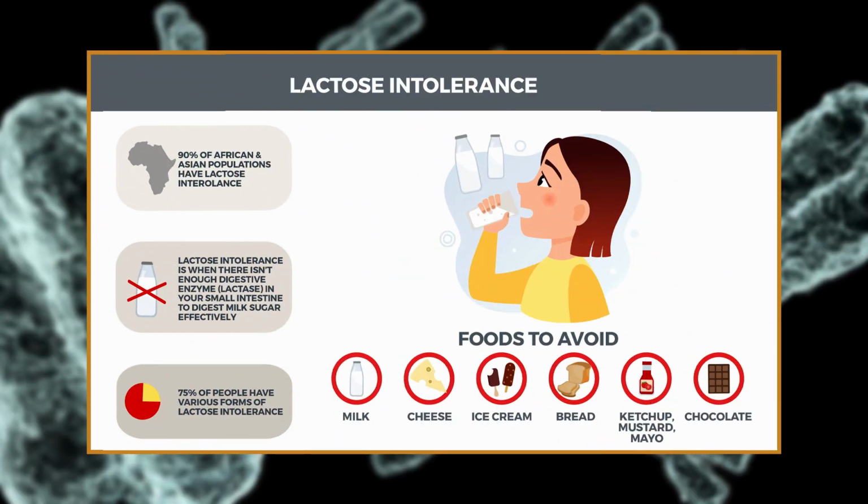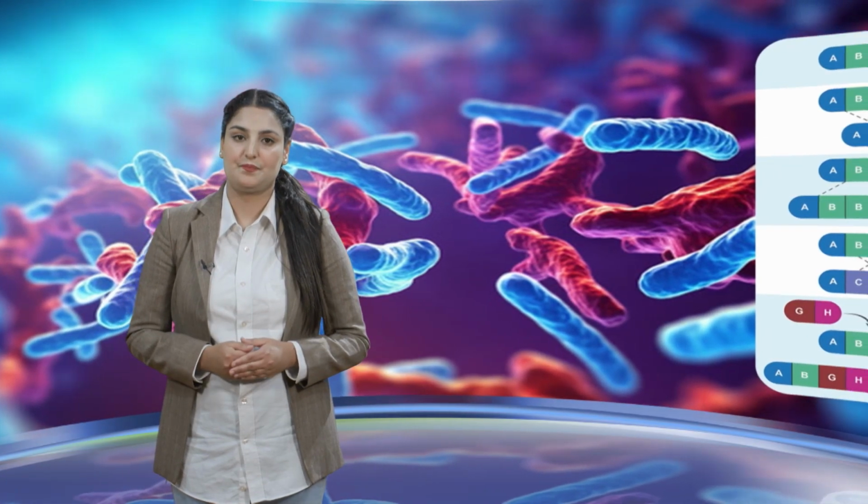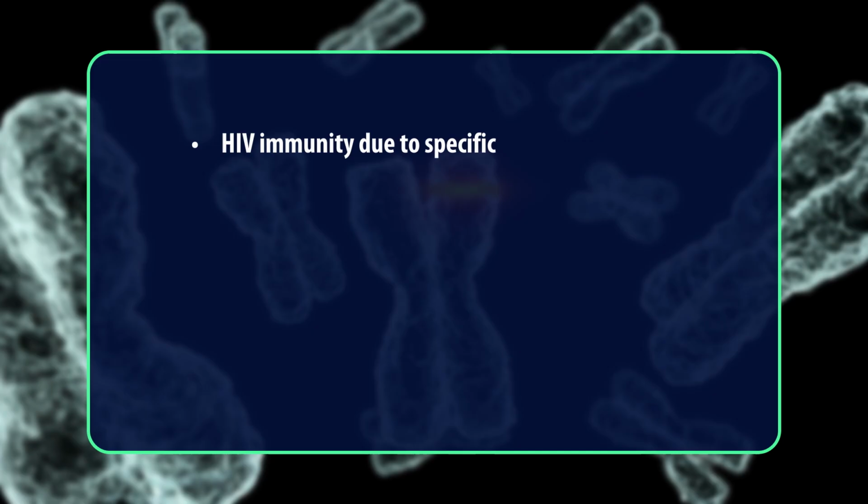For example, lactose tolerance. It's a mutation that allows adults to digest milk. In populations that depend on animals like cows and goats for milk, this was a big survival advantage. Some people carry genetic mutations that offer resistance to diseases, like HIV immunity due to specific genetic changes.